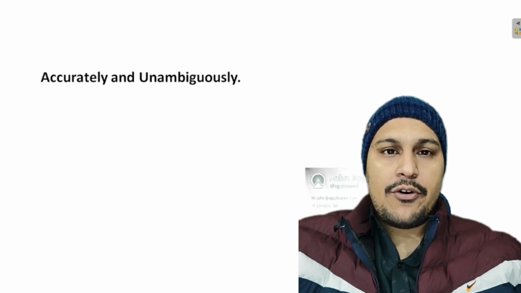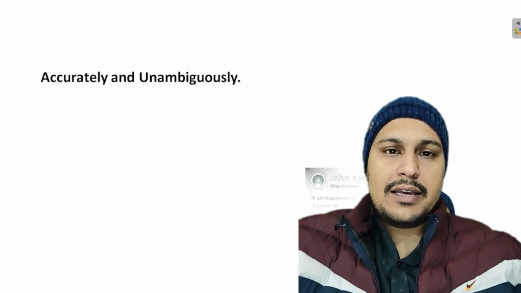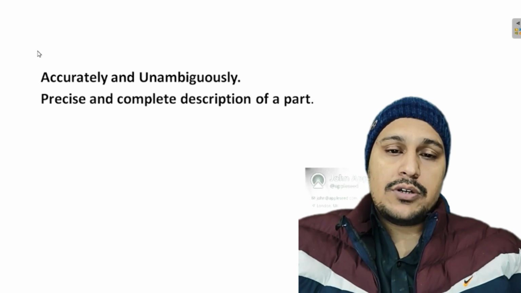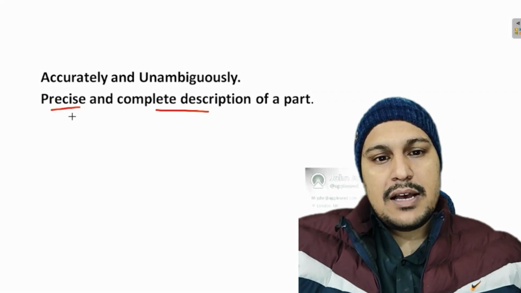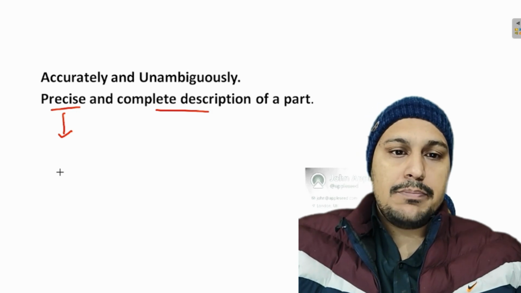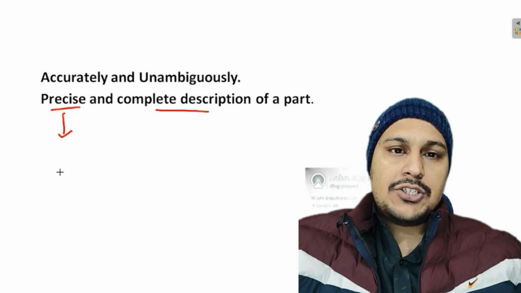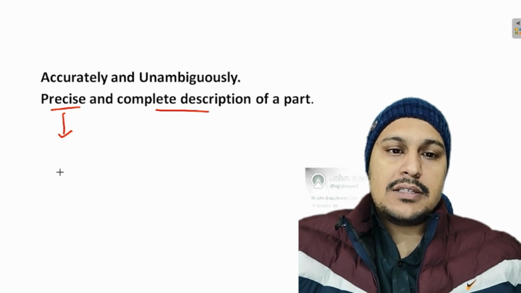Now the question is, what is an engineering drawing? An engineering drawing is a technical document that provides a precise and complete description of the part. Precise means that after repetitive iterations, the dimensions have been corrected.